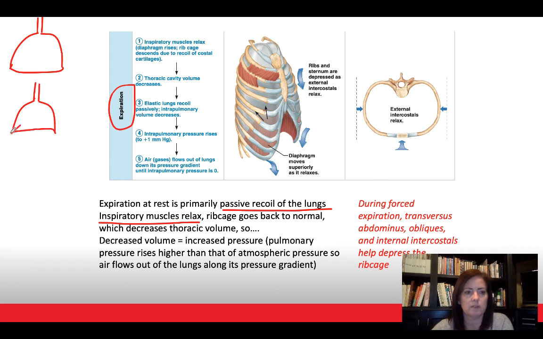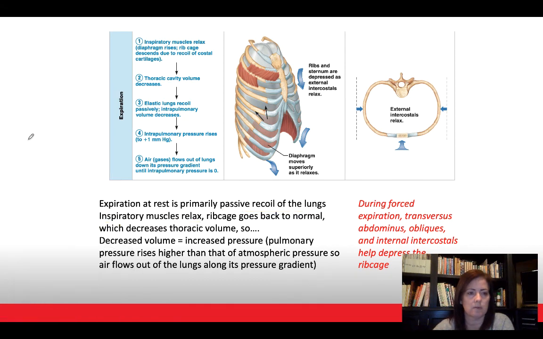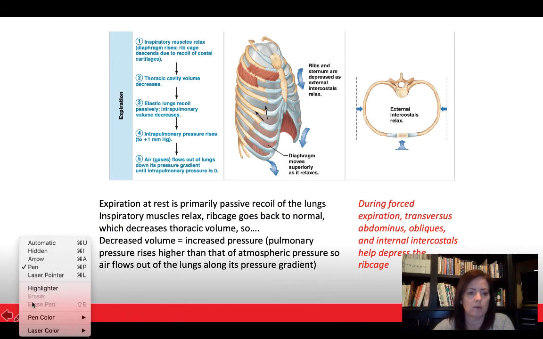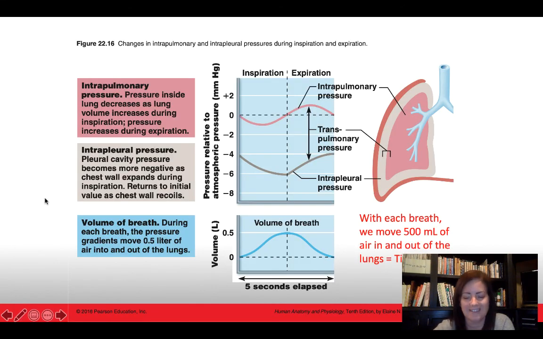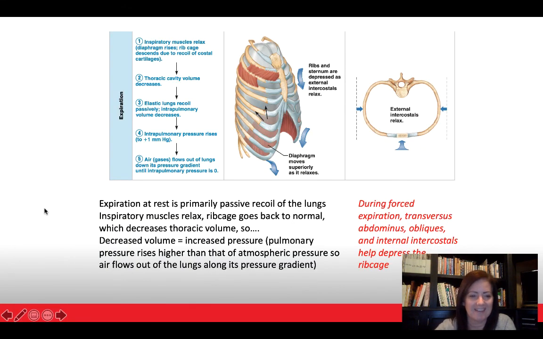So we went from this position to a position like this. Hold on, bear with me. All right, so we were here with our diaphragm descended.